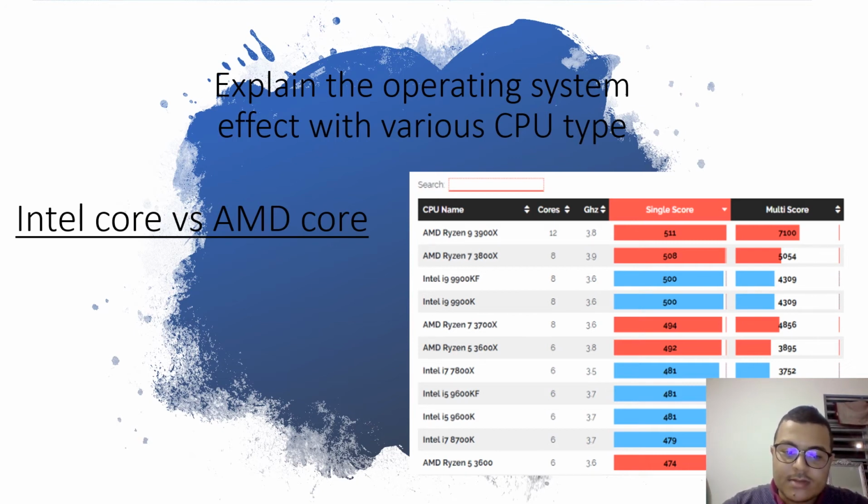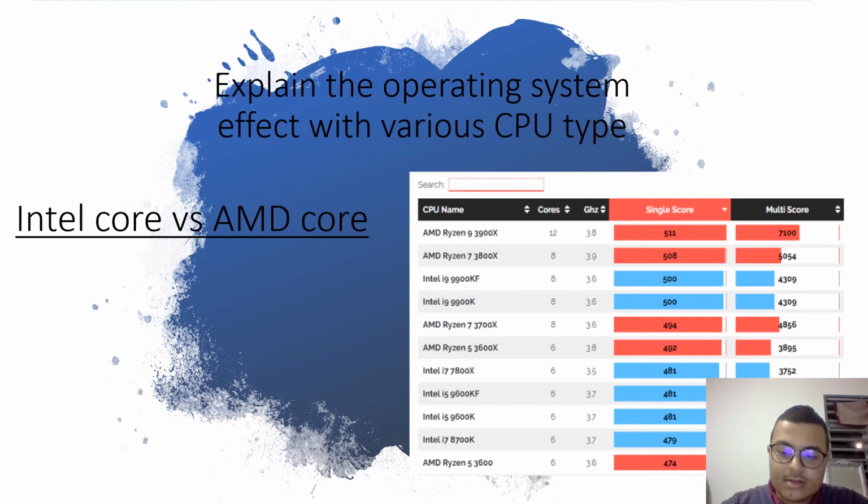Each of them has a number of cores. For example, AMD Ryzen 9 has 12 cores, and AMD Ryzen 7 has 8 cores. Intel i9 has two types also, the 9900KF, which has 8 cores, and the other type also has 8 cores.